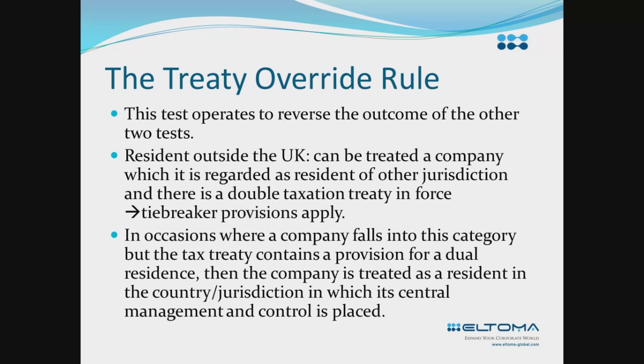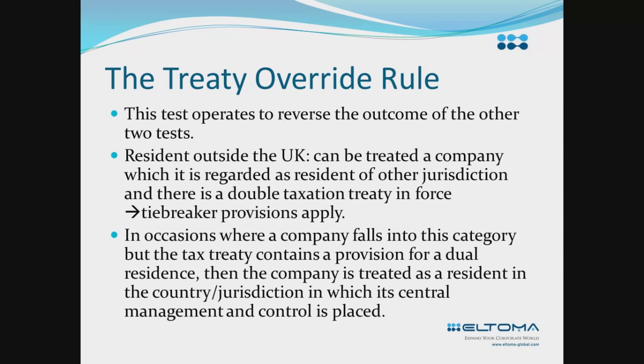Consequently, if there is a double taxation treaty in force, then the tiebreaker provisions apply, and the company is considered as a tax resident in this other jurisdiction, and not in the UK.